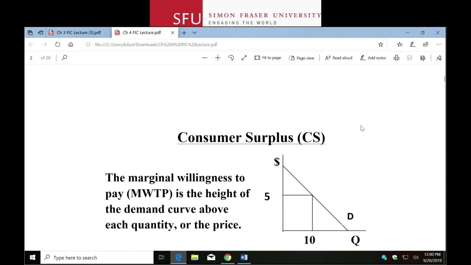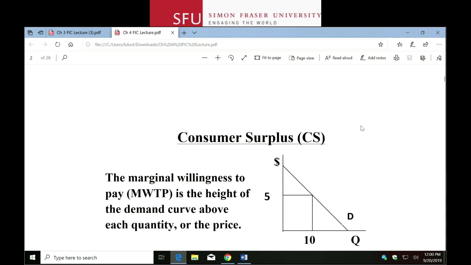Because they become satisfied. For the first few units they have a high price they're willing to pay, but as they get more and more of the good, the price they're willing to pay goes down and down, and at some point they just don't want any more of the good.